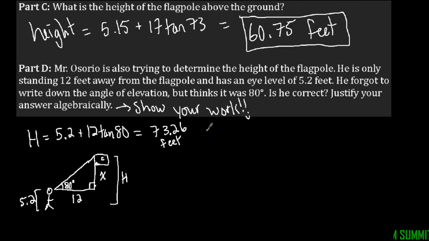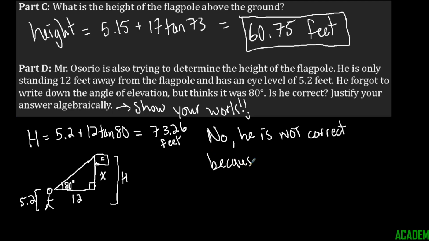We're going to say that there's no way that is correct. So we're going to say, no, he is not correct. And we have to explain why. So we say, because we already know what the height should be. It should be the 60.75.